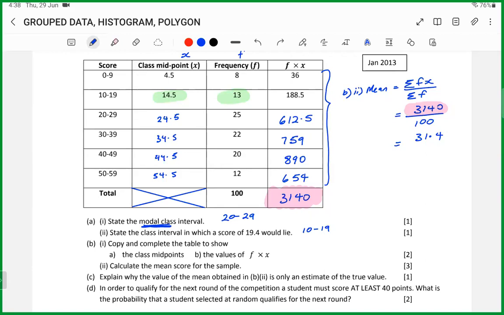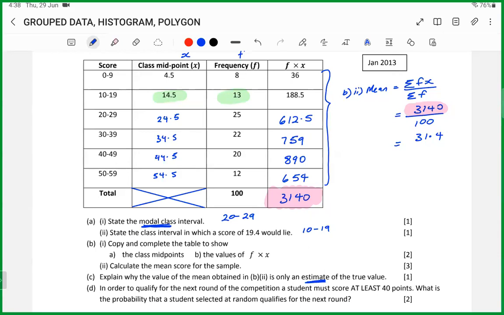All right, so we're moving on. Part C. Explain why the value of the mean in B part 2 is only an estimate of the true value. So this mean is not necessarily the actual average of the class, right?